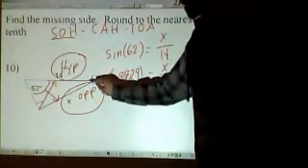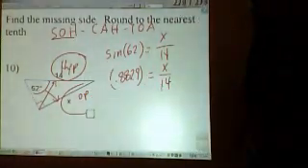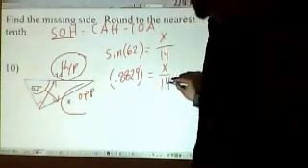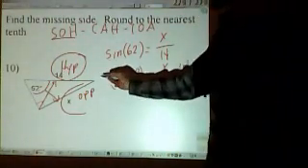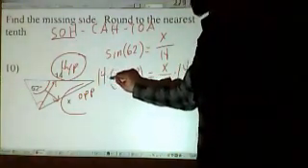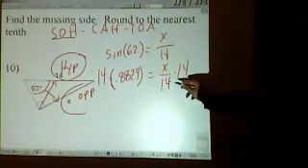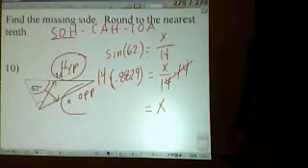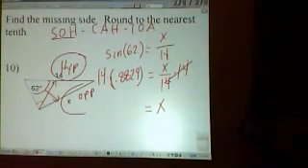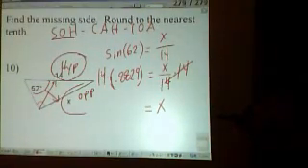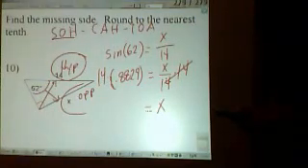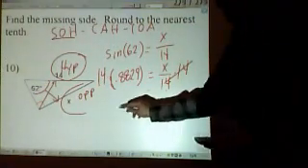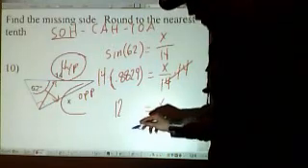Okay, and then we're going to multiply both sides times 14 to get some of this stuff out of the way. So what cancels out on the right side? The 14s. We have x equals 14 times 0.8829.